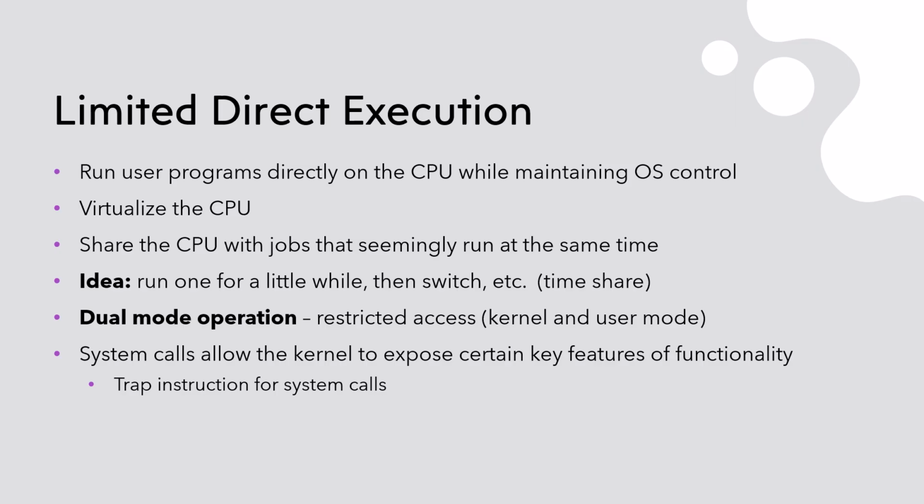When the user process is executing instructions, if something becomes restricted access or needs the operating system involvement, then there's a trap and there's a list of system calls, and then the operating system will take over. Many systems use this concept of dual mode operation, so they change the user process from executing in user mode into kernel mode to perform those instructions.